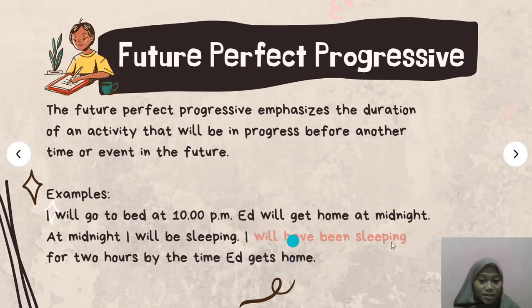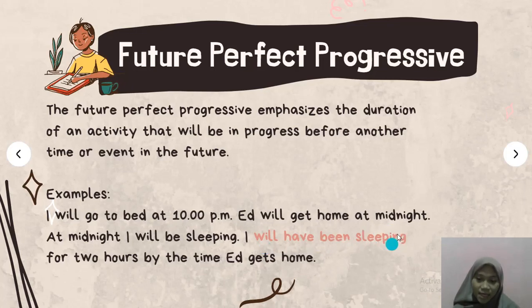I will have been sleeping because I will go to bed at 10 p.m. and Ed will get home at midnight, so I will have been sleeping for 2 hours by the time Ed gets home. The formulation of future perfect progressive is I will have been and verb ing.